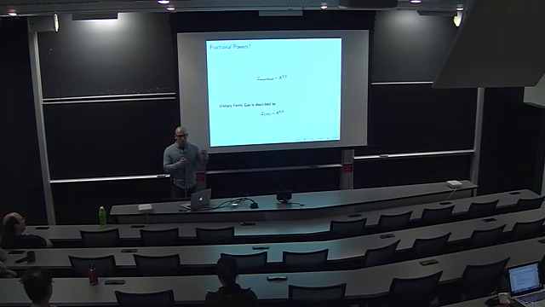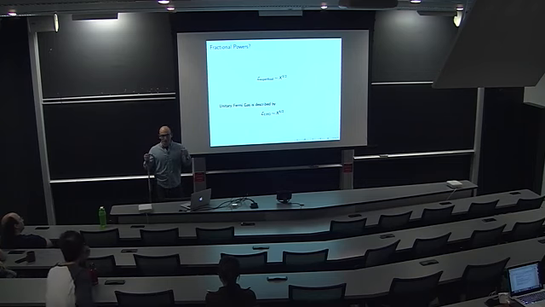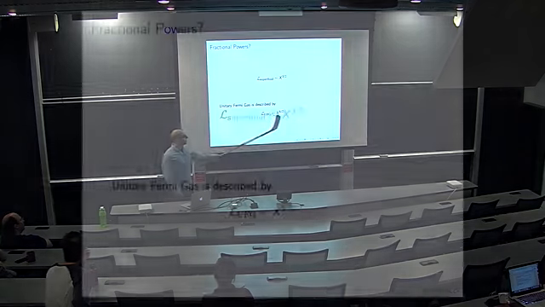In experiment, people tune the magnetic field, and by tuning it they tune the scattering length of the fermionic atoms. The unitary point corresponds to the point when the scattering length diverges, and people are very excited.